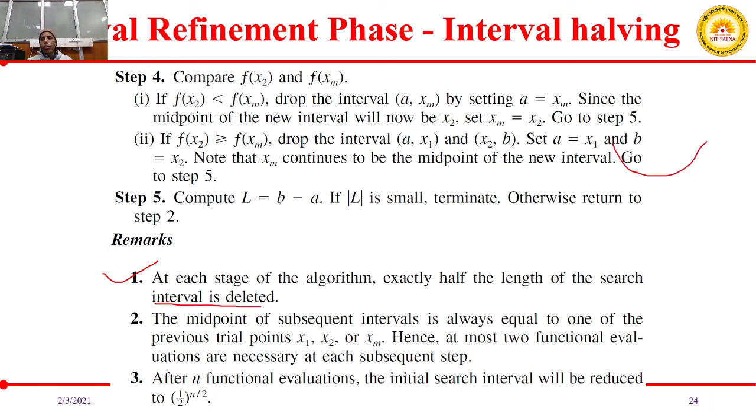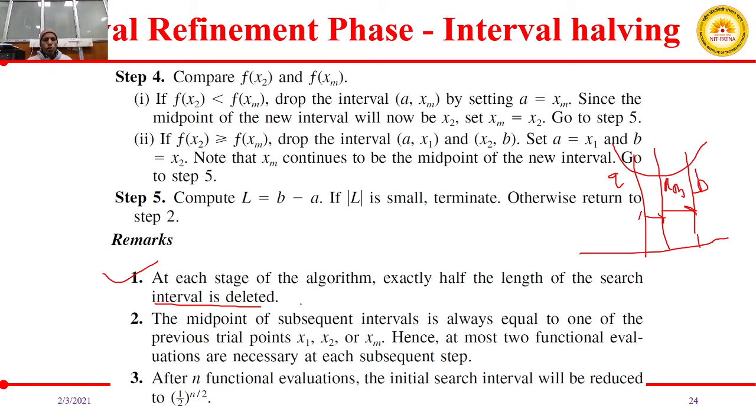Okay, so you could see that there were values a, xm, and b. Whatever may be the condition, either the left side or right side will be deleted while we are trying to find out the optimum value in the interval refinement phase.